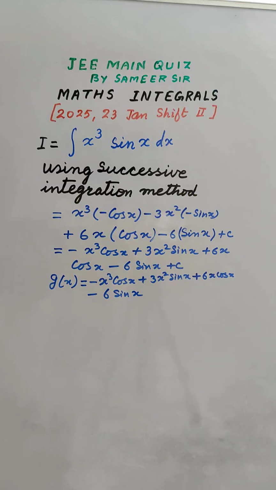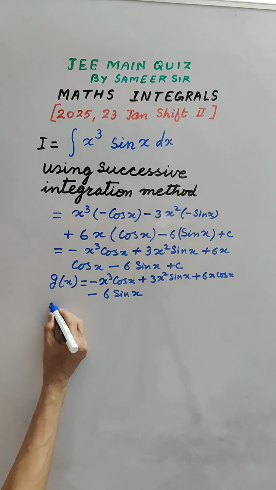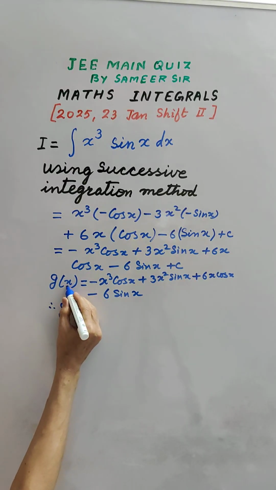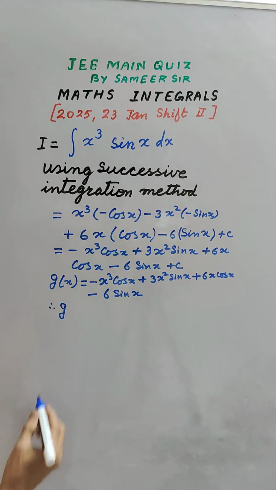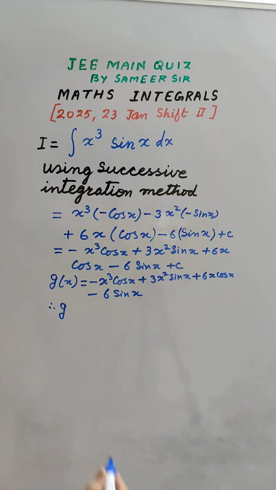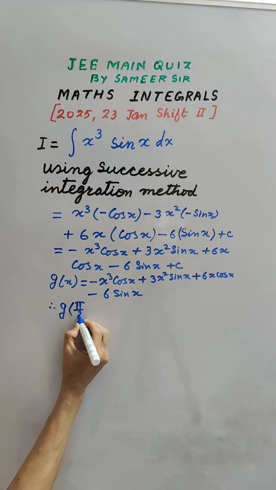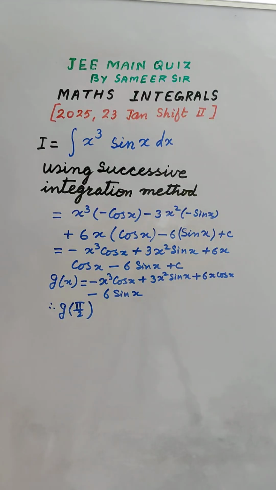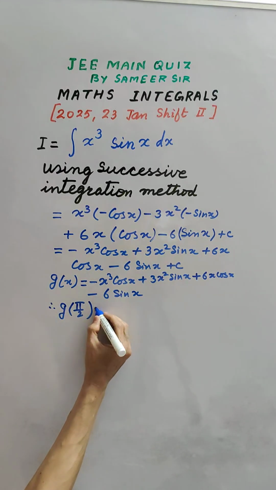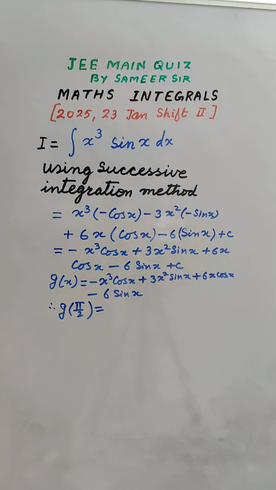Now substituting the values. Therefore g, instead of x we have to write pi upon 2. So writing pi upon 2, 90 degree means that is equal to pi upon 2.